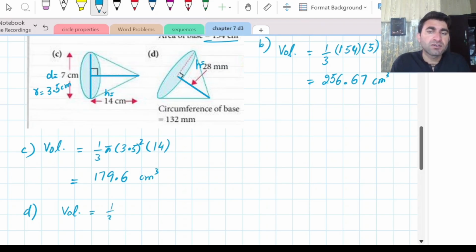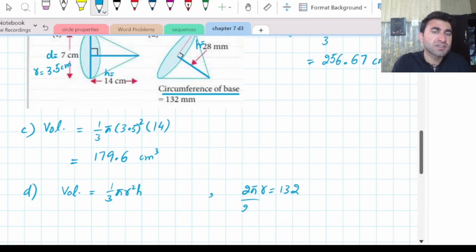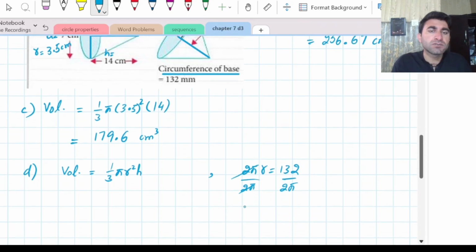So if we want to apply the formula 1 upon 3 pi r square h, we definitely need the radius, because the base is a circle, and circumference of a circle is 2 pi r. So 2 pi r equals 132, and because we need radius, I will divide both sides by 2 pi, and we are left with r equals 132 divided by 2 pi.